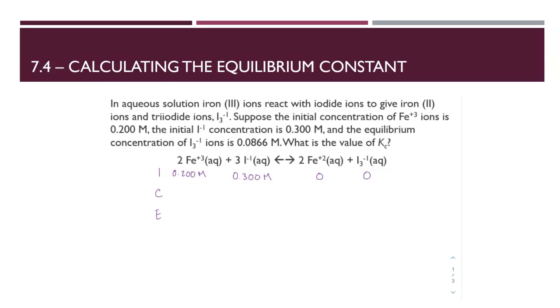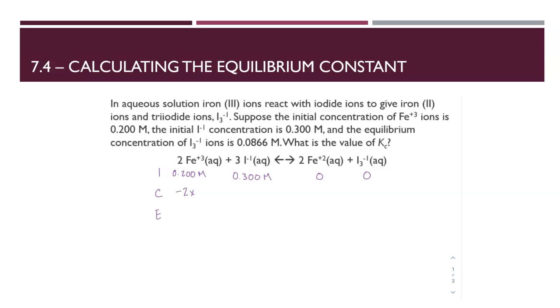Now, we know that these are going to change based on their stoichiometric coefficients. In relation to each other, the iron 3 ion concentration is going to decrease by 2x, since it has a 2 coefficient. It's going to decrease by some amount x, and it's going to be in a 2 to whatever ratio, depending on what you're comparing it to.